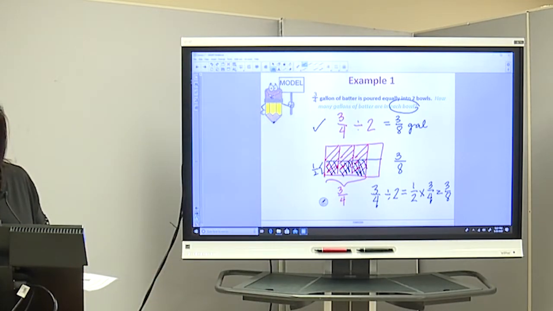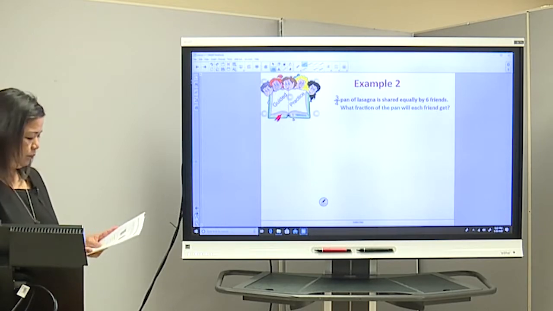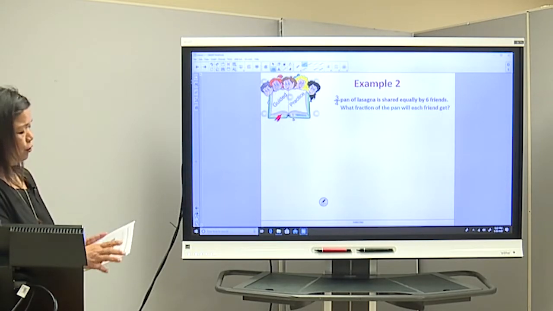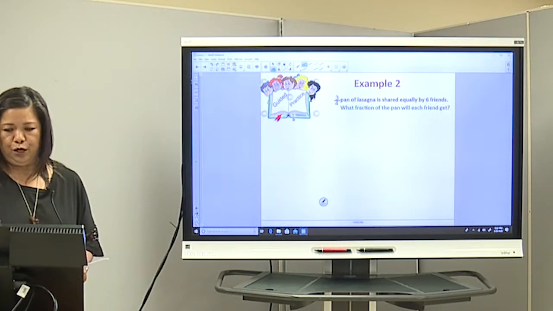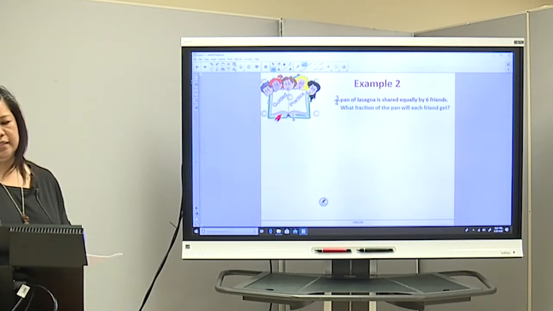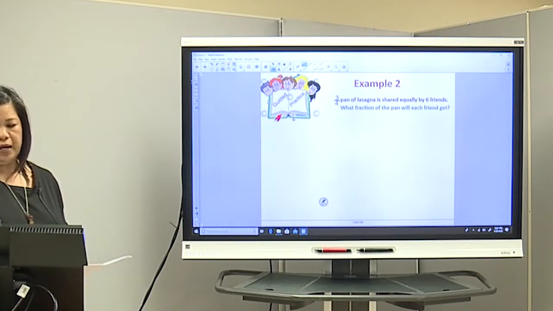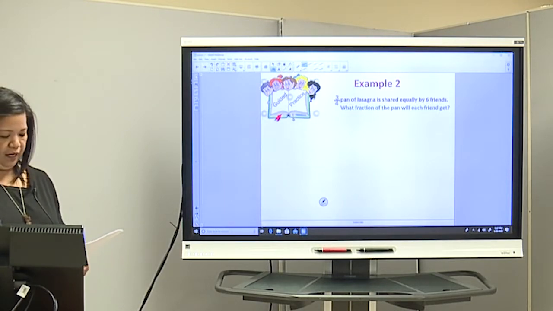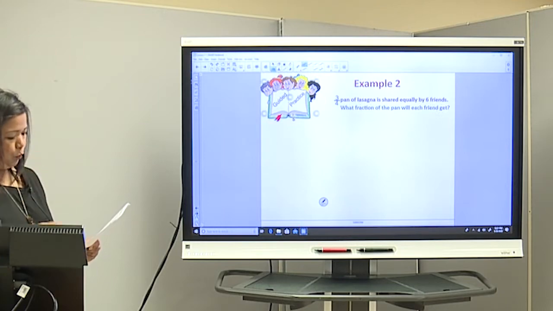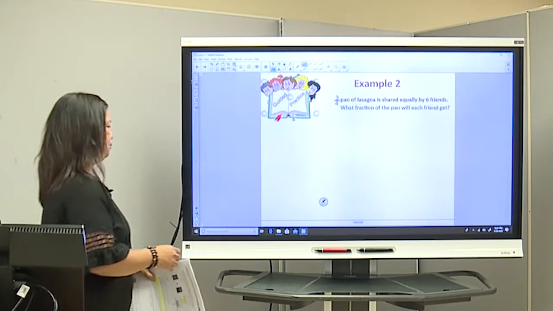Let's continue and look at another example. Example 2 says 3/4 pan of lasagna is shared equally by 6 friends. What fraction of the pan will each friend get? Write the division expression to represent this story problem.